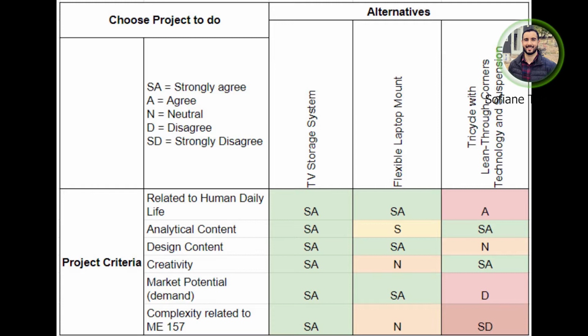The project consists of a sufficient amount of mechanical engineering content, which includes analytical content, design content, and flexibility within complexity within the boundaries of the ME 157 course. Creativity as well as market potential was also considered. Our decision matrix concluded that the TV storage system was most suitable for our project.